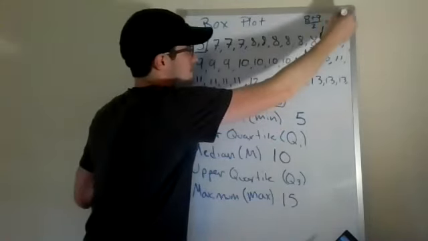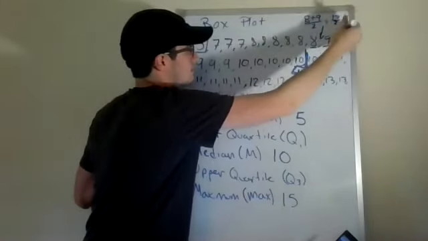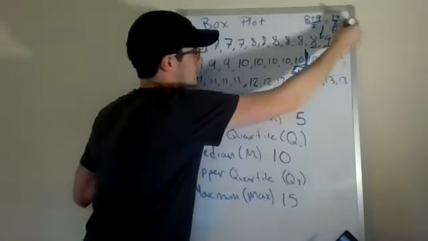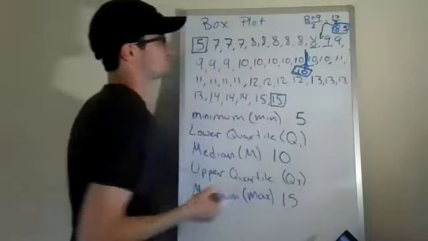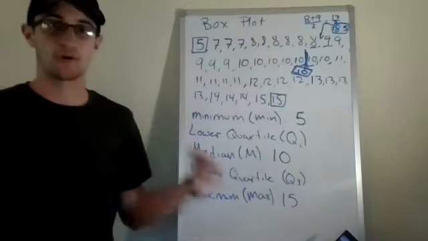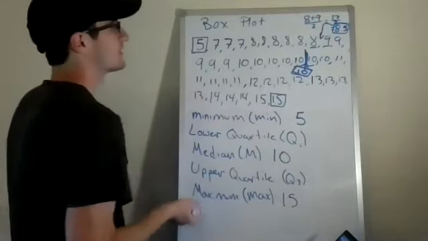So that's 17 divided by 2, which is 8.5. So that's actually the number in between 8 and 9. It's halfway in between 8 and 9. Okay.